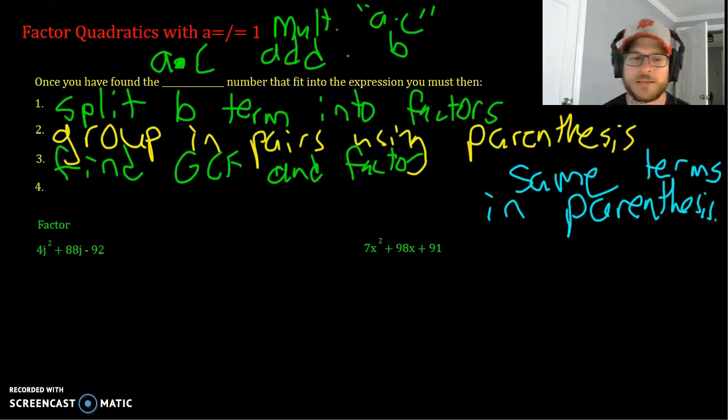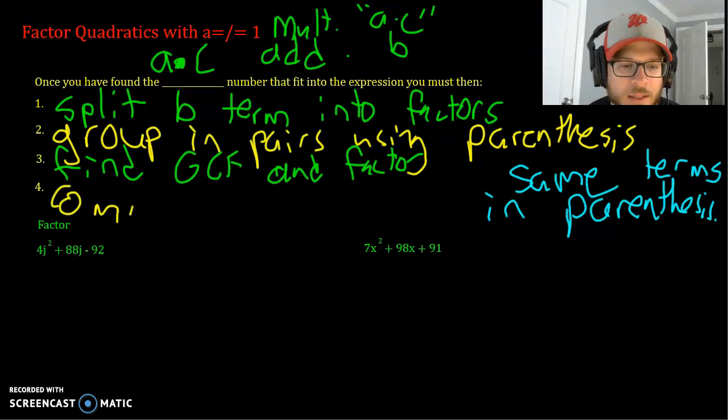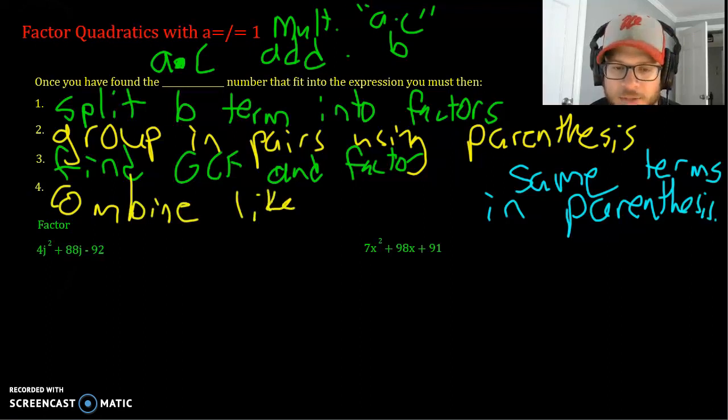If you've gotten to this step and you do not have your same terms in your parentheses, go back and check because you've probably done something wrong, because the final step requires you to combine like terms, assuming that your like terms are the same in each parentheses.